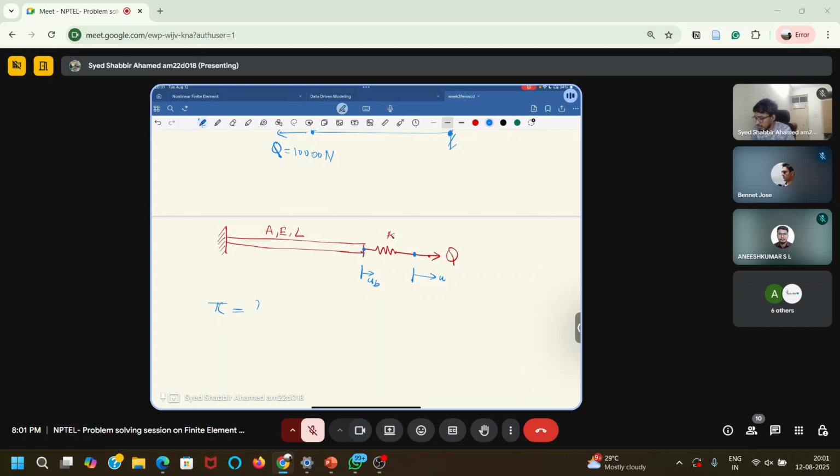So the total potential energy phi, or let's say you can call it u only, will be integration 0 to L of half EA into du by dx, or let's say here, in order to avoid confusion, I'll call it w, dw by dx whole square dx, plus half into u minus ub.